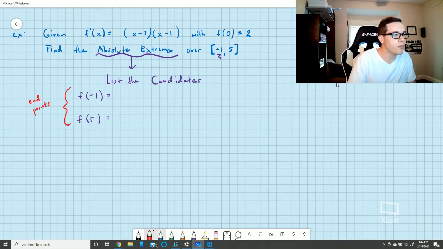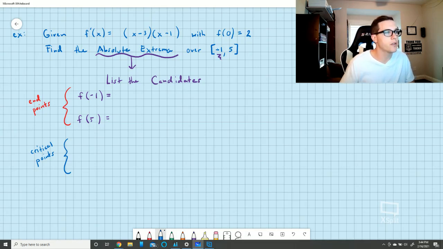But now we need the critical points. To find the critical points, we got to set the derivative equal to 0. You can graph it and do it that way, or I gave you a really nice factored one. So we can either graph it and find the roots of the derivative, or we can see that there are two of them here. It's going to be 3.